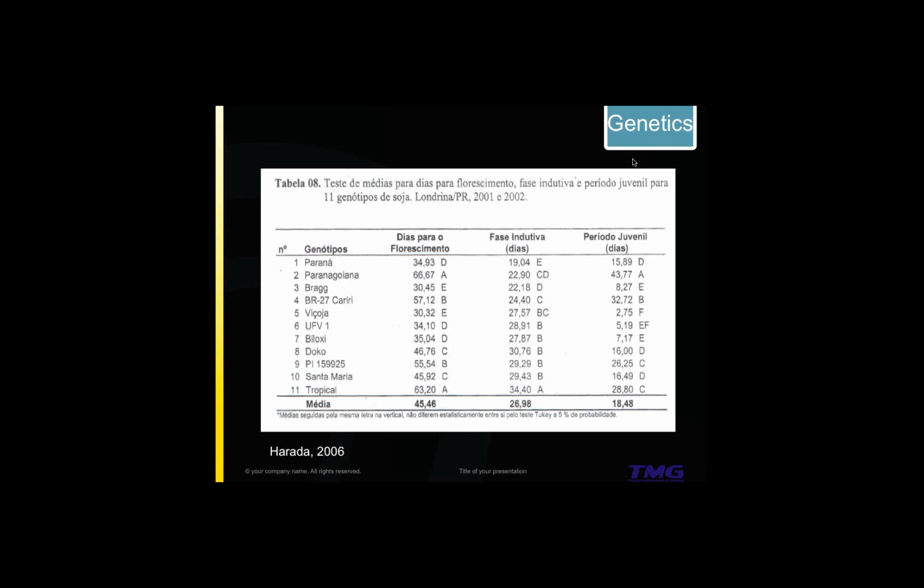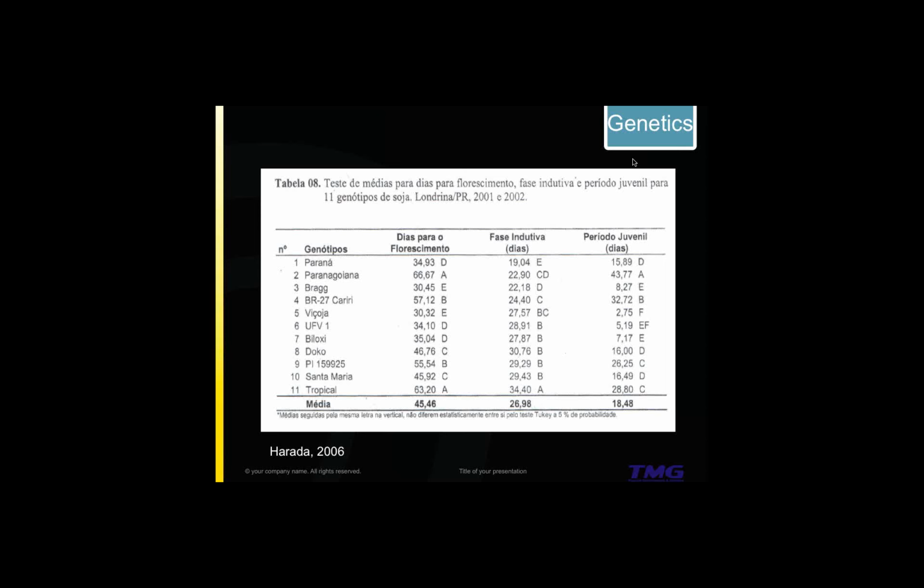Most of the materials that come from Argentina are more adapted to a different type of soil than what we have here in Brazil. In Argentina, they tend to have better organic matter in the soil.